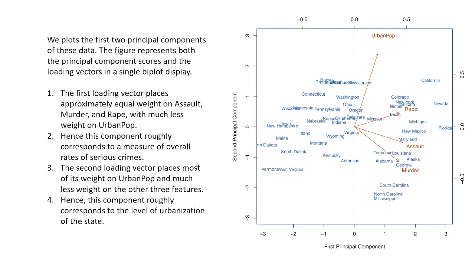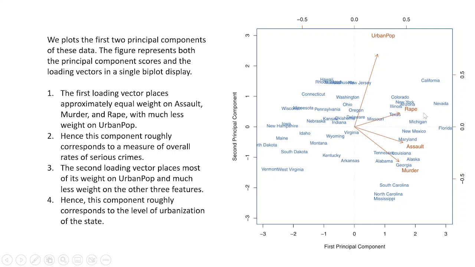Now let's look at this example using the US arrests data set. Each of these names is the name of a state. There are 50 states in this graph, and we plot the first two principal components. The first principal component is on the horizontal axis, and the second principal component is on the vertical axis. The first loading vector places approximately equal weight on assault, murder, and rape.